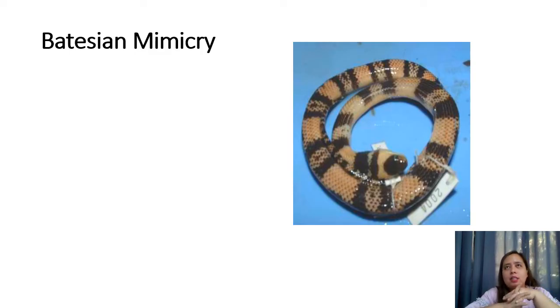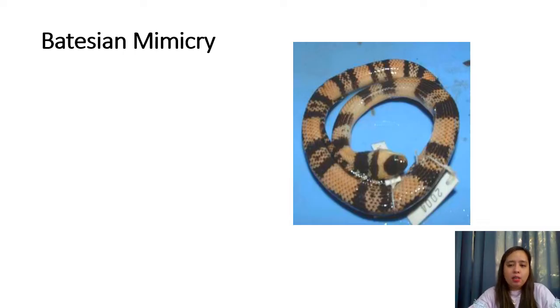Some of your organisms tend to mimic or copy those organisms that have advantageous characteristics. So again, for Batesian mimicry, some of your organisms will get successful in their survival if they mimic or model those who have advantages.